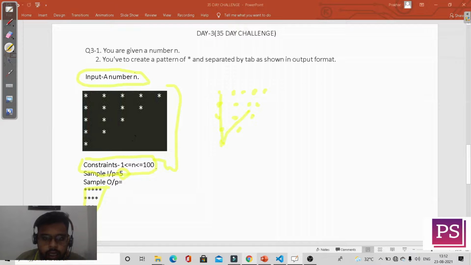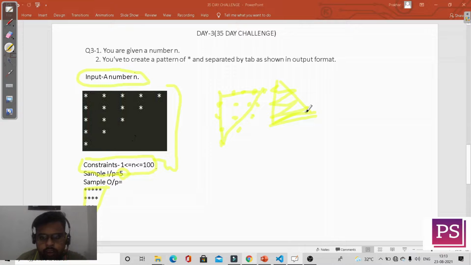Does anyone remember the last problem that we solved? I will tell you. In that we had to print only a right angle triangle like this: first 1 star, 2 stars, 3 stars, 4 stars, and last 5 stars.